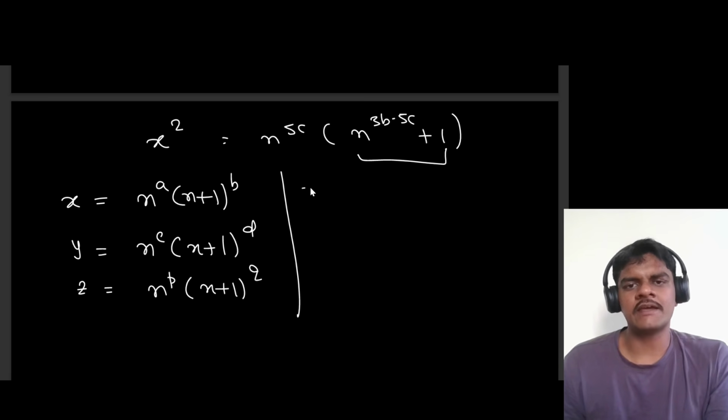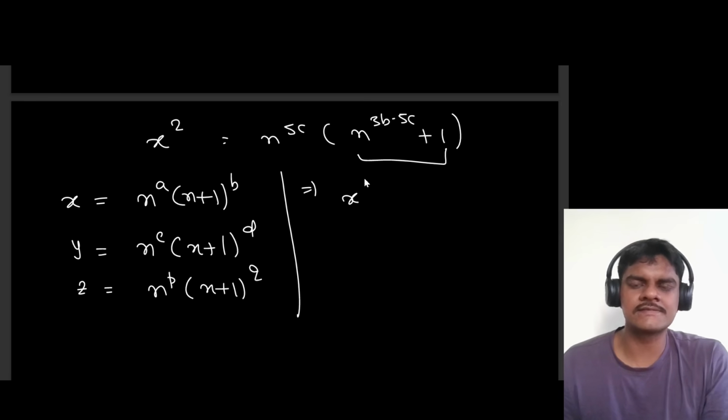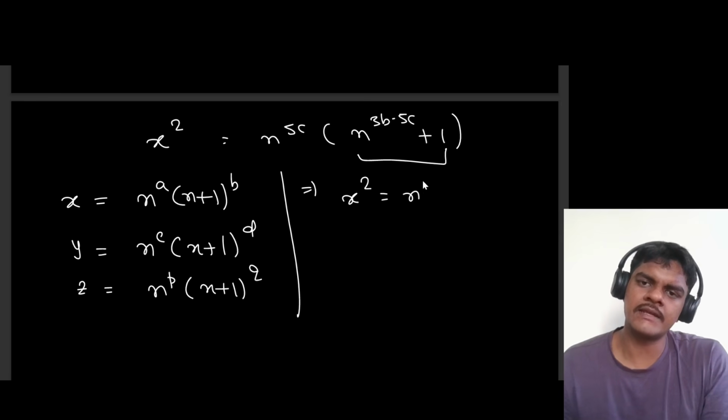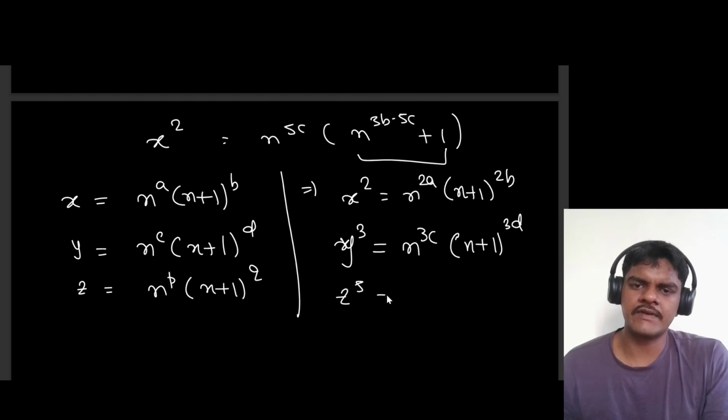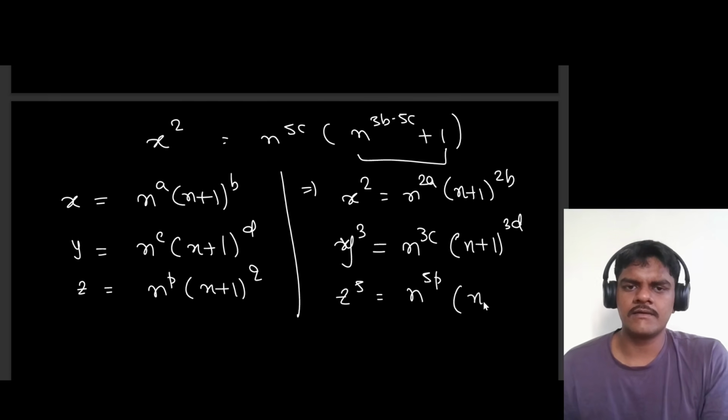So that will imply that x square is n power 2a times n plus 1 power 2b, y cubed is n power 3c times n plus 1 power 3d, z power 5 is n power 5p times n plus 1 power 5q.